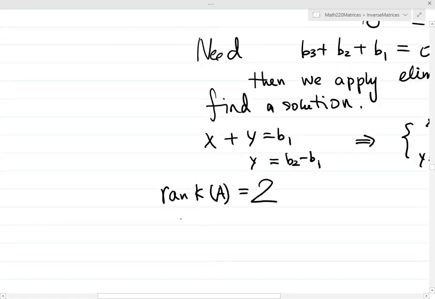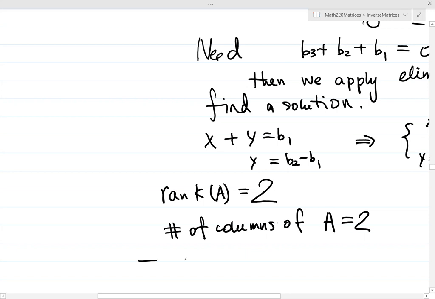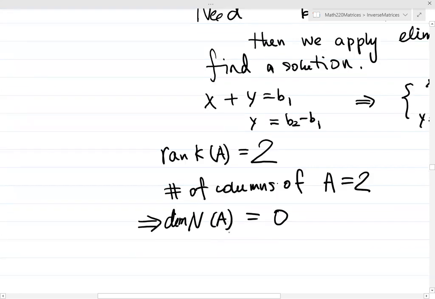Now the number of columns of A equals 2. So the dimension of the null space is 0, because rank plus dimension of null space is equal to the number of columns. Dimension of null space being 0 means the null space contains only the 0 vector.